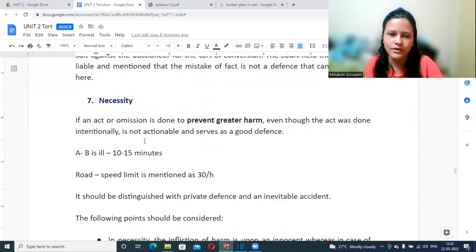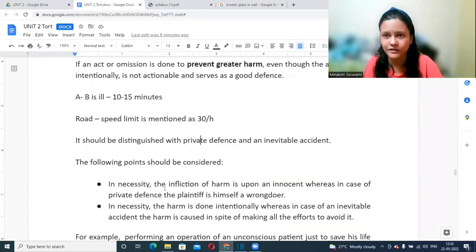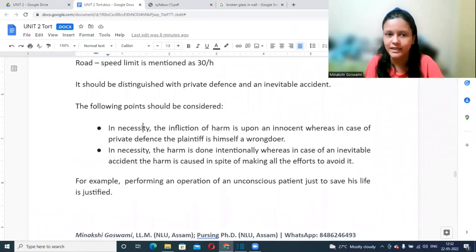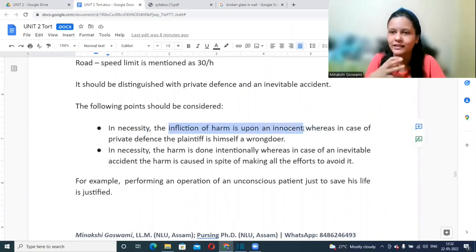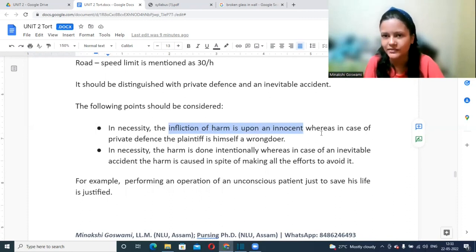Now, when we talk about necessity, it's different from private defense or inevitable accident. In necessity, infliction of harm is upon an innocent. You are taking the risk that by breaking this traffic rule, I might end up hitting someone. If you are about to cause harm, you will harm some innocent person who is not at fault, but still you are taking the risk.